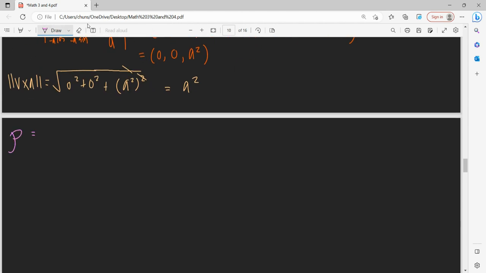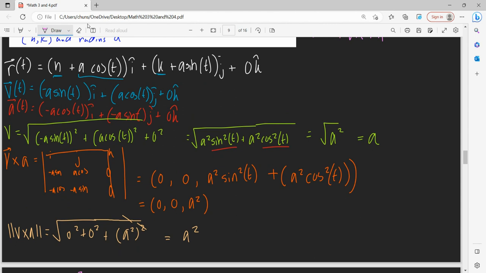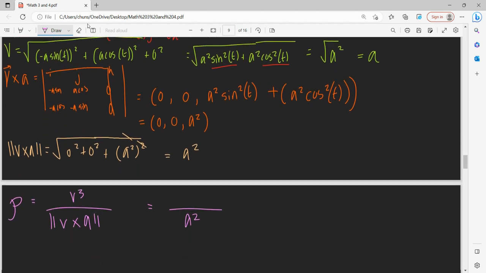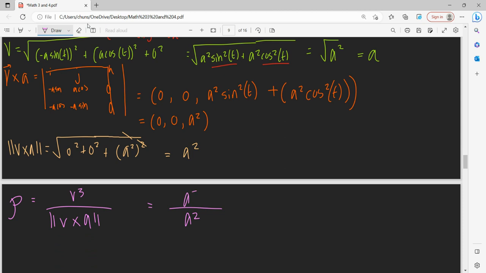So we said we needed speed cubed over v cross a. So what's that equal to? That's a squared, and then our speed was just a, so it's a cubed. That cancels out, that reduces down to 1, so then that just gives us a. So radius of curvature is equal to a.